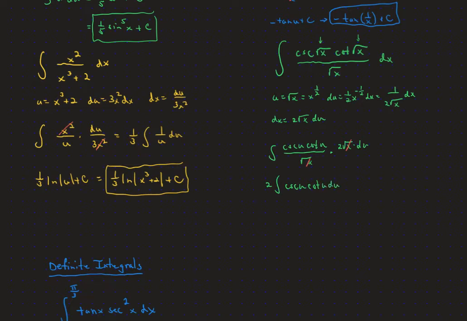If we remember, the derivative of cosecant of u is negative cosecant cotangent. That means the integral of cosecant cotangent is going to be a negative, and the 2 is still there, cosecant of u plus c, and then going back to the x's, that's going to be the negative 2 cosecant of the square root of x plus c.